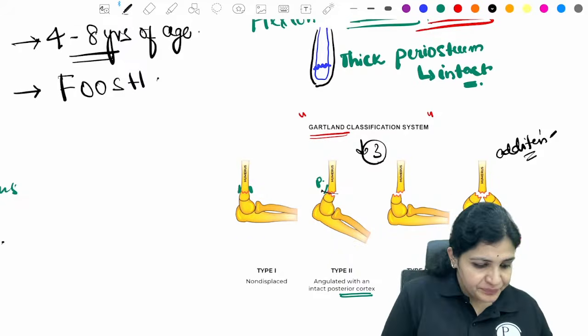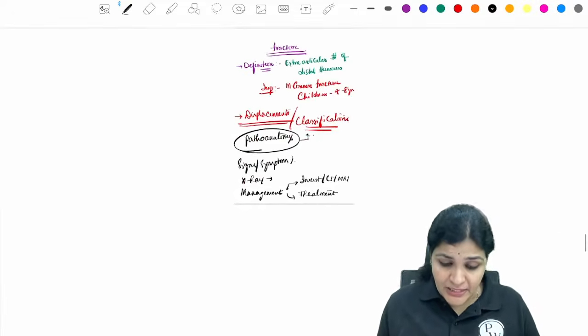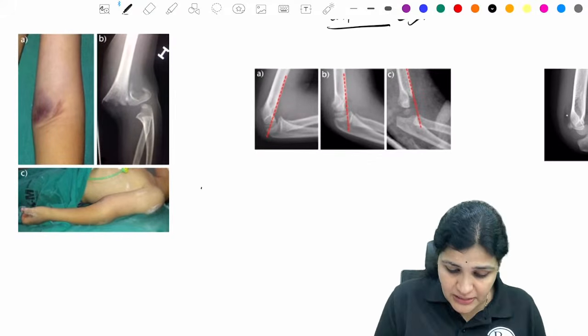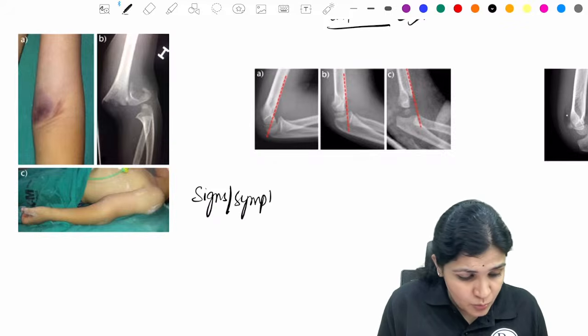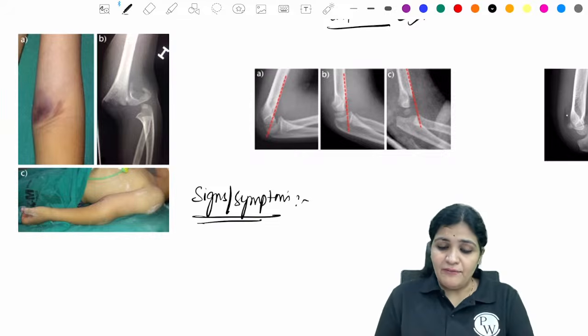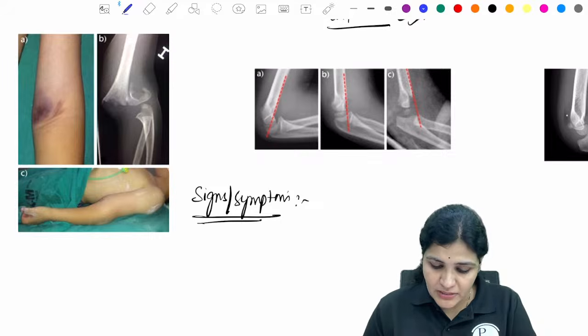Okay, that is it. Once you complete the pathoanatomy, you have to understand the clinical presentation, the signs and symptoms. Whenever there is a case in the emergency, the first thing you have to do is check the skin.